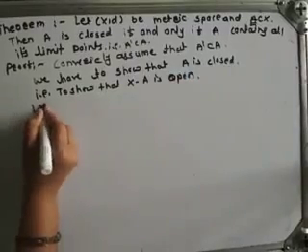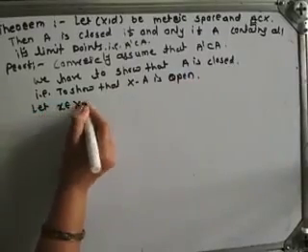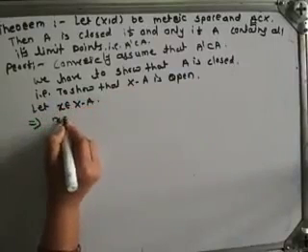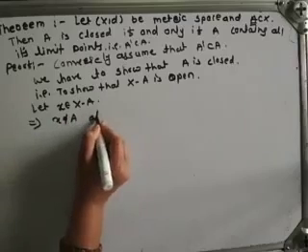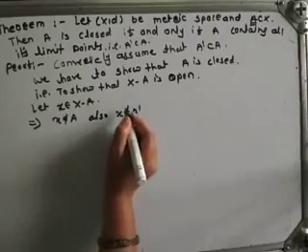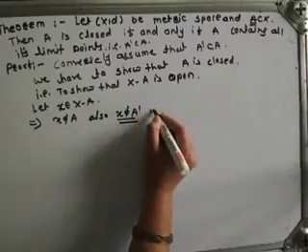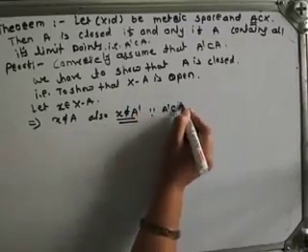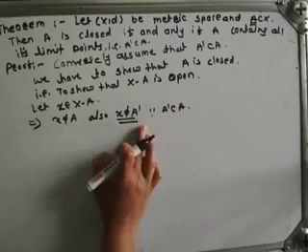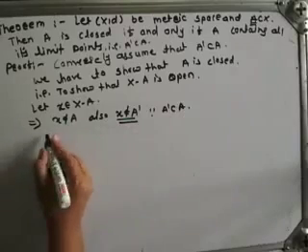Okay. For this, let x belong to X minus A. That implies x does not belong to A. Also, x does not belong to A dash. Why is this? Because A dash is a subset of A. If x does not belong to A, obviously x does not belong to A dash.